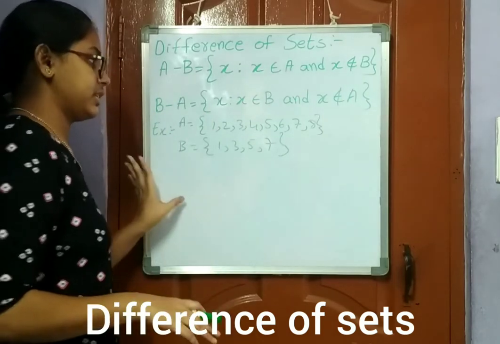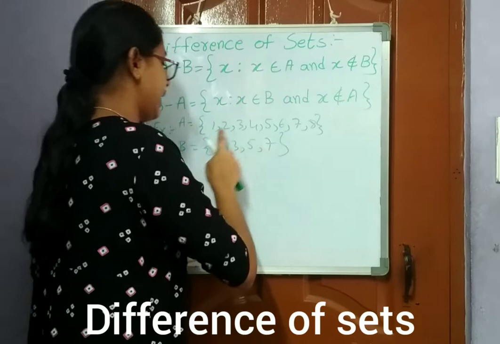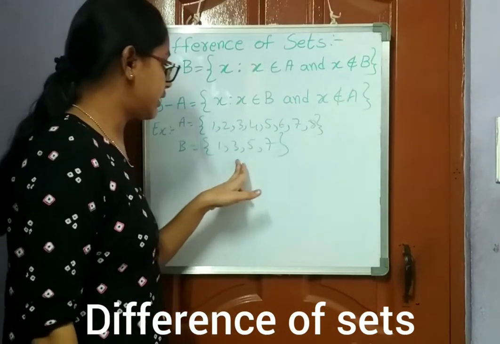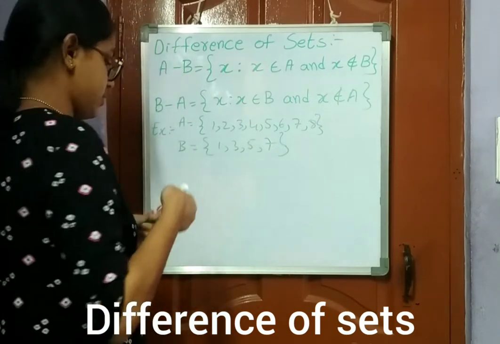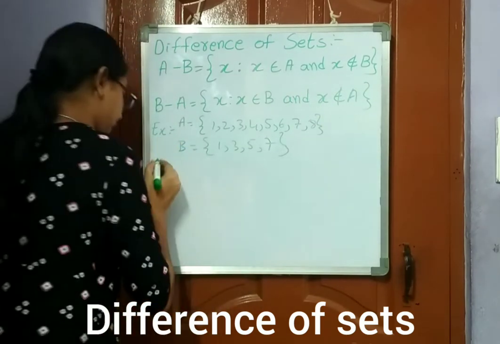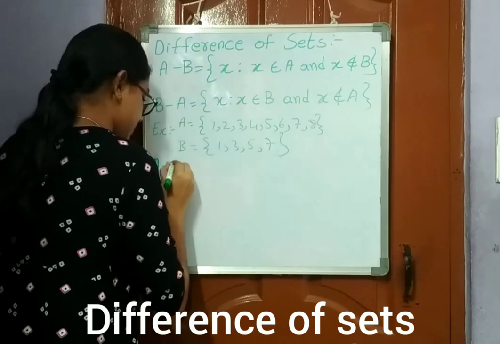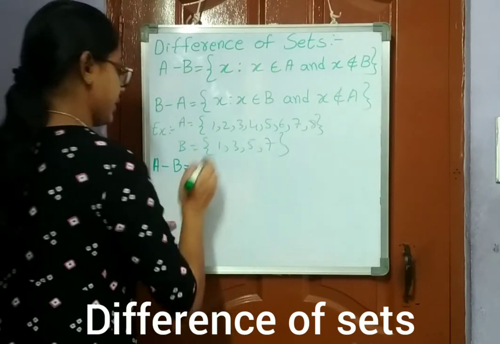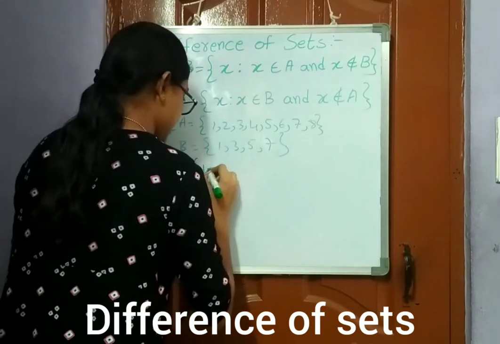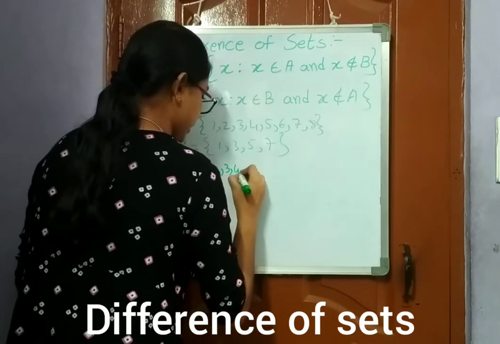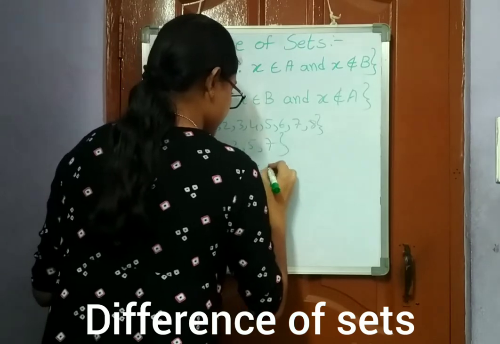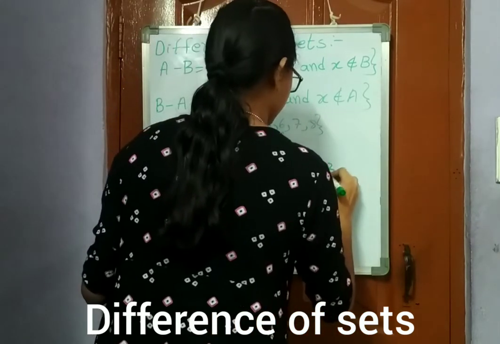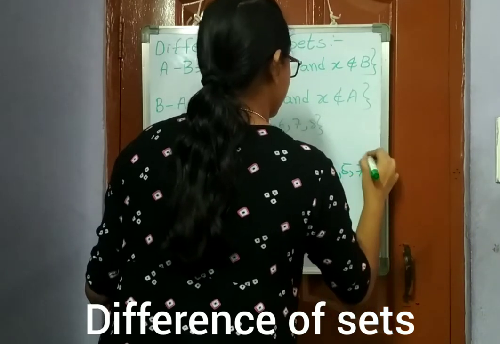So let's see this with a given example. Here we have A as the numbers 1 to 8 and B as 1, 3, 5 and 7. Let's find A minus B. That is, I am removing the elements of B from A. Let's write it side by side: 1, 2, 3, 4, 5, 6, 7 and 8 minus 1, 3, 5 and 7.